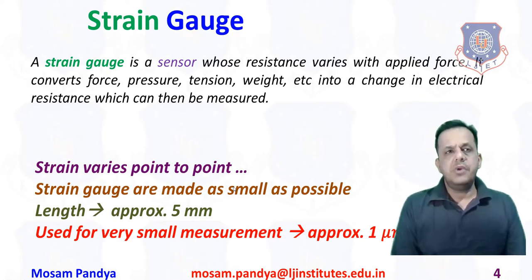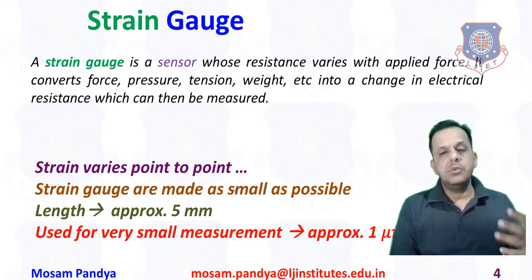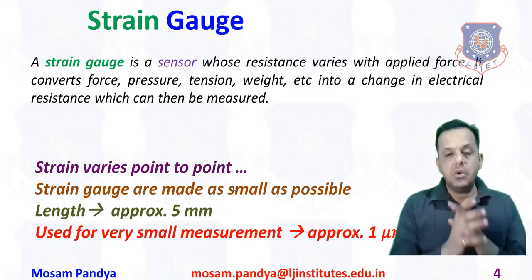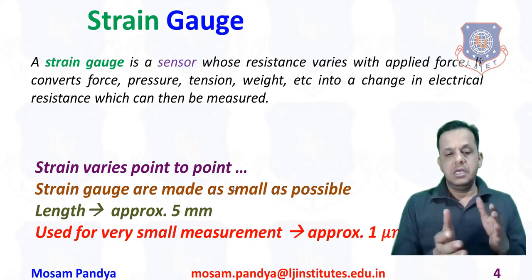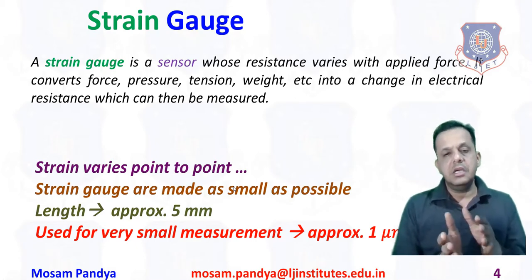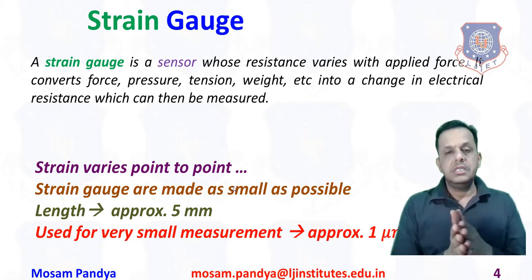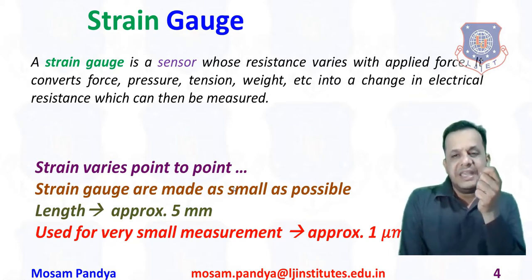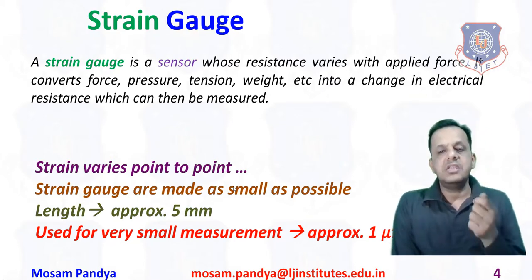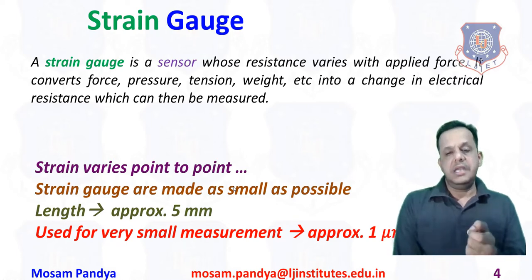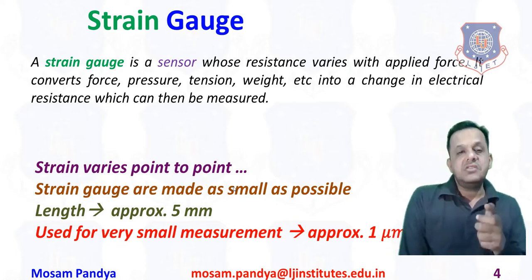Like, if you are standing on a cement beam and two or three more people are walking on it, we are probably not able to tell whether there is any bending or not, because it is beyond our sensation. But if a variation of 1 micrometer, like 10 raised to minus 6 meter, is there, it will be sensed by the strain gauge.